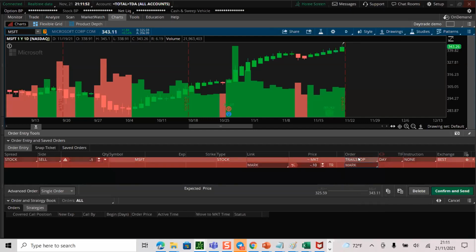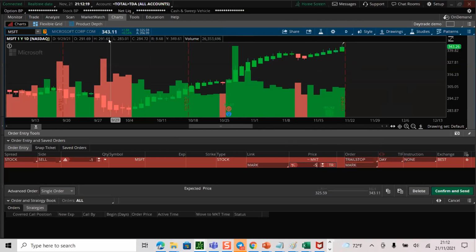Okay, when you select a trail stop order, it will ask you here, hey, whenever you buy at 343, how many dollars you want to lose if it goes down, right? So let's keep, I'll put -$5. Okay, what I did in the trailing, I just selected -$5. So what does this mean?